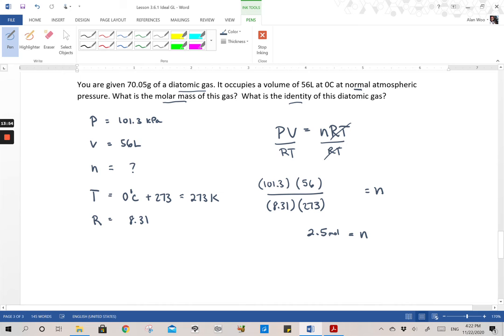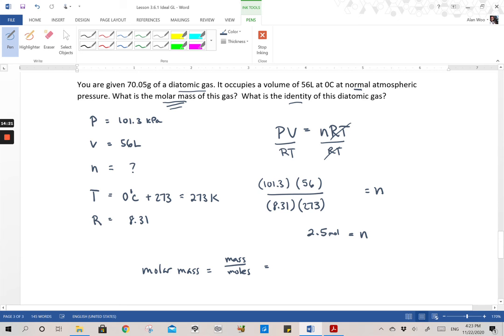But the first question was, what is the molar mass? Well, molar mass is always grams per mole as the unit, right? So it's basically your mass divided by moles. And I have that.